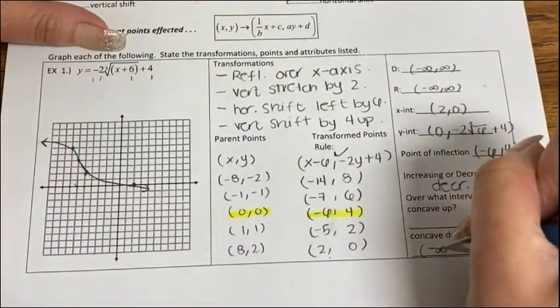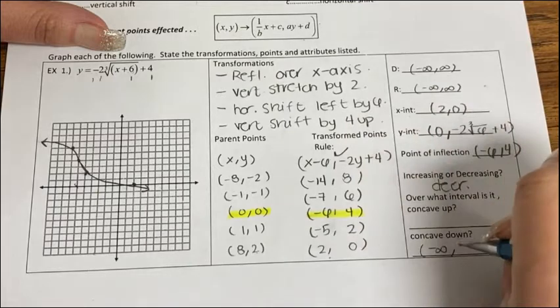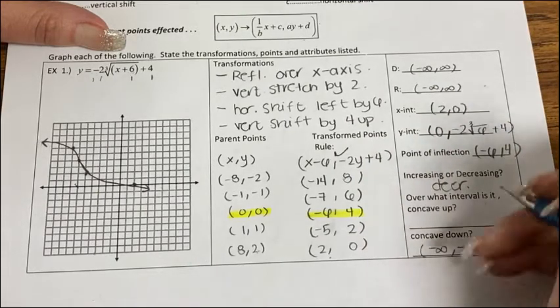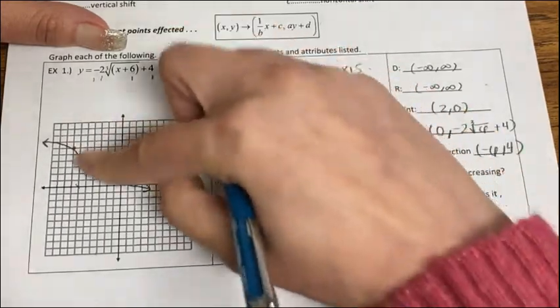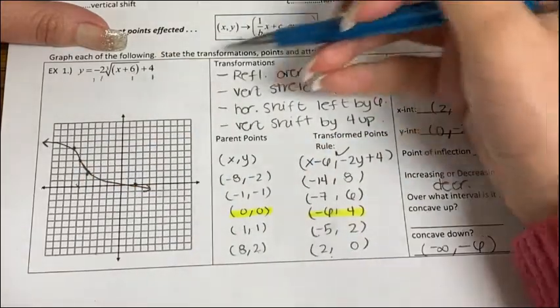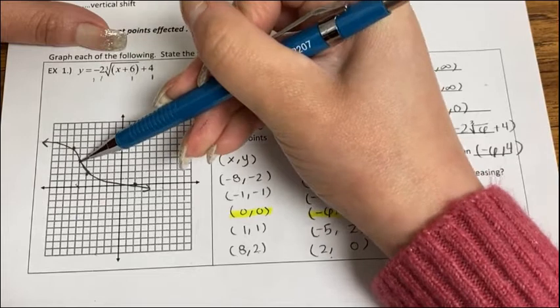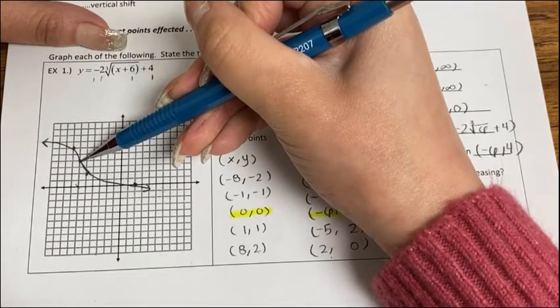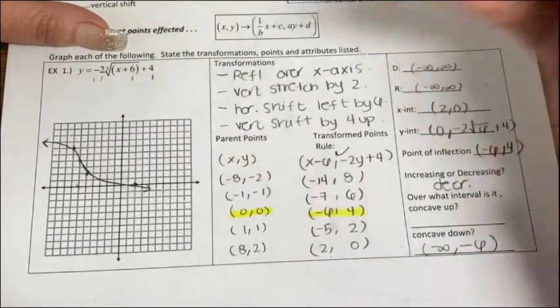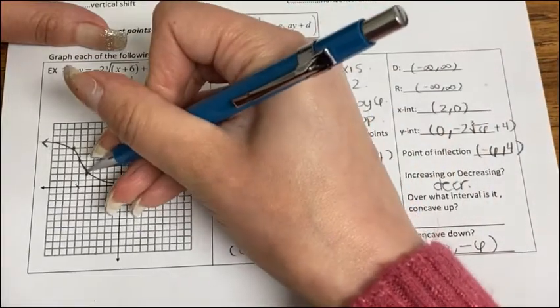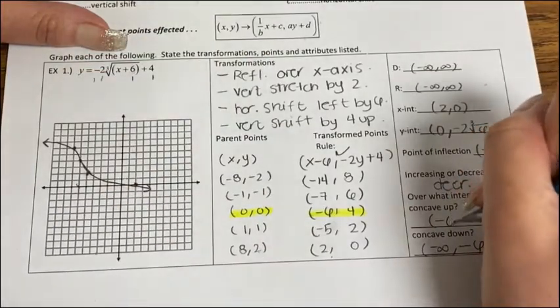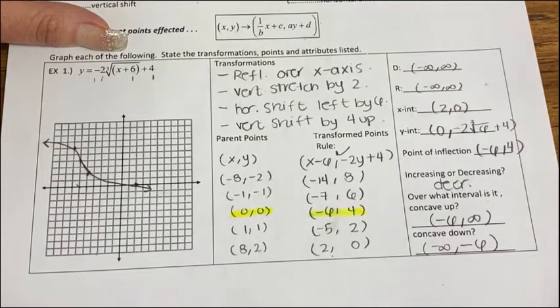From negative infinity to, and I'm going to take the x part of my inflection point always, as the concavity. Remember, the concavity is always based on the x's. So from negative infinity to negative 6, this is concave down, and then from negative 6 to positive infinity is going to be concave up.